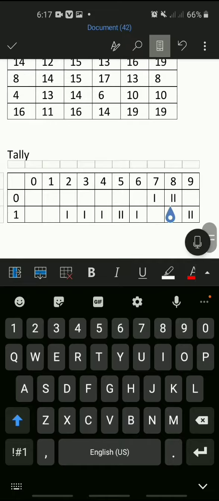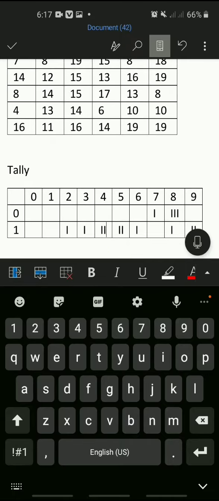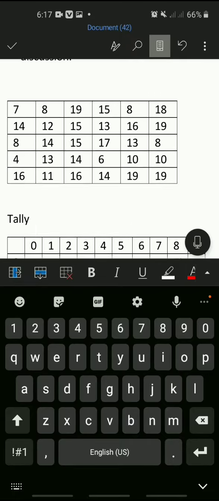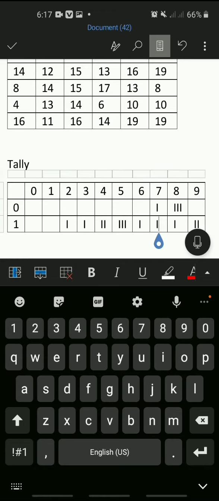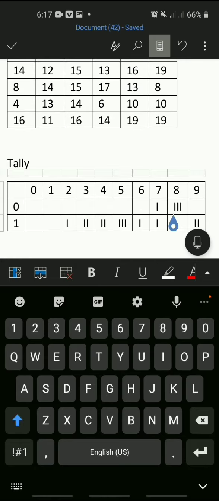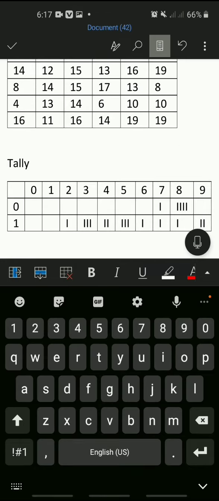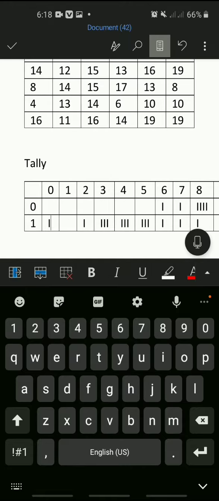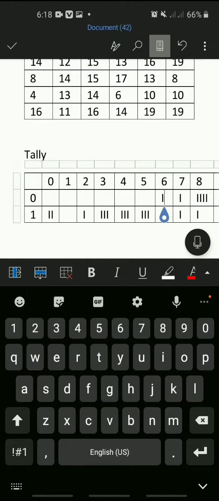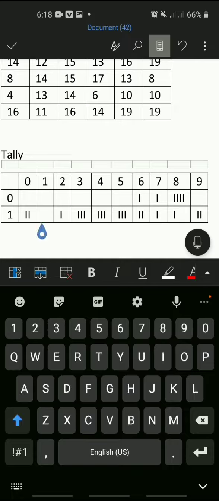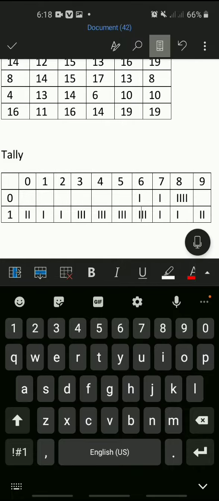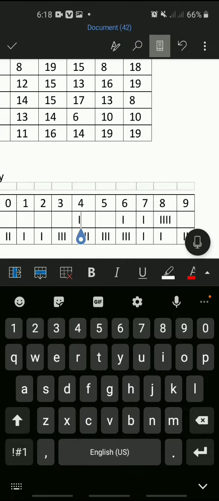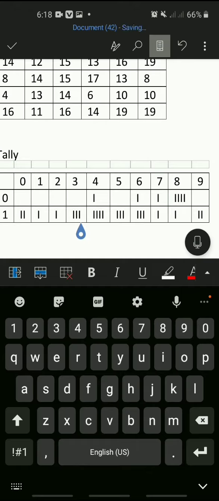Next is 8. 14. 15. 17. 13. And then 8. 13. 14. 6. 10. 10. 10. And then 16. 16. And then 11. 16 again. 14. And 14. And then 19.